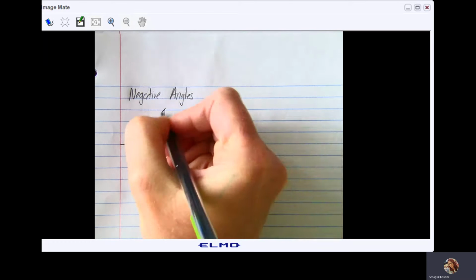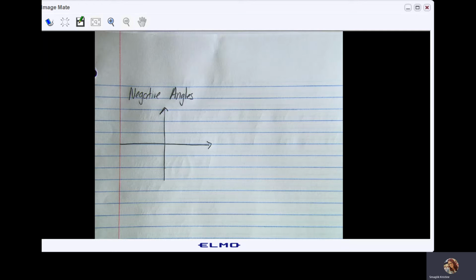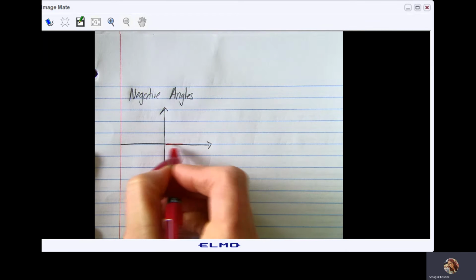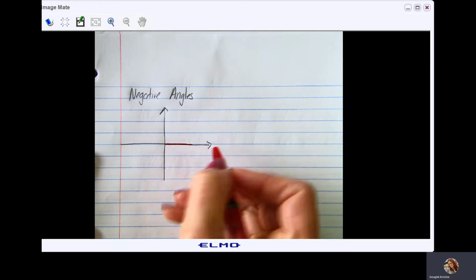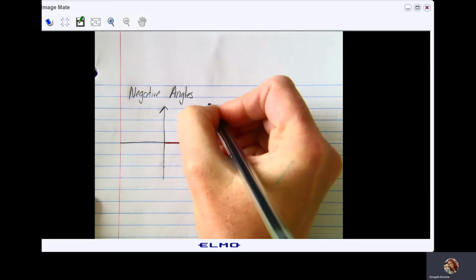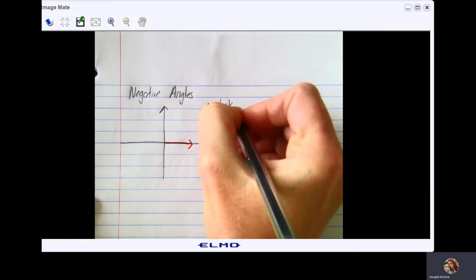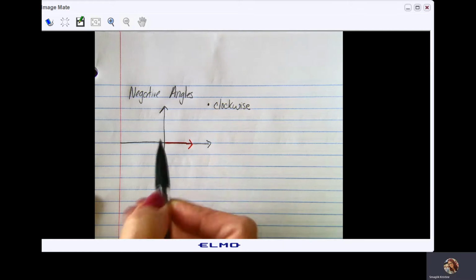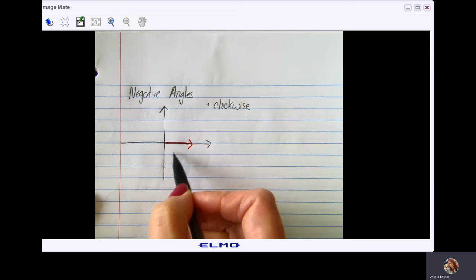Here's my X axis, Y-axis. And recall that whenever we're drawing an angle in standard position, you always start on the positive x-axis. That's my initial side. Now, if I've got a negative angle, I move clockwise. Positive angles move counterclockwise. Negative angles move clockwise.